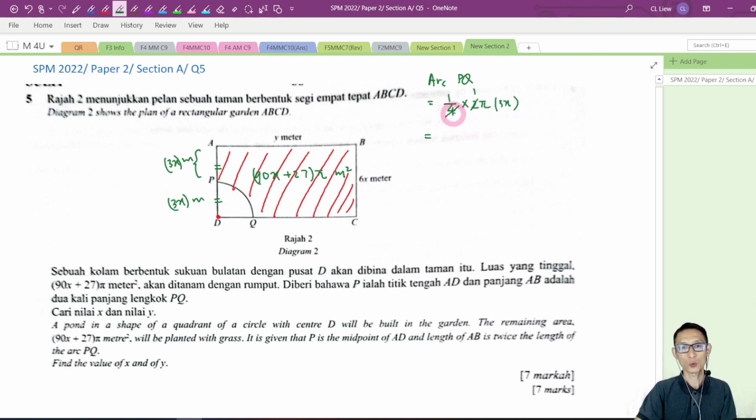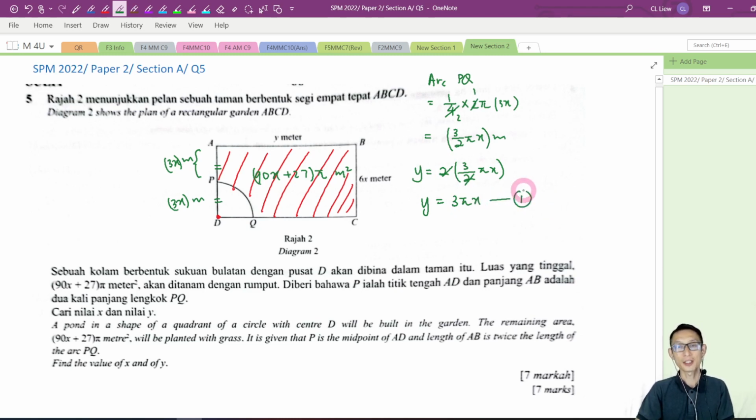Simplify, divided by 2, divided by 2, you will get 3 over 2 pi x meters. Now we know y is actually 2 times of this, so we will get 3 pi x.